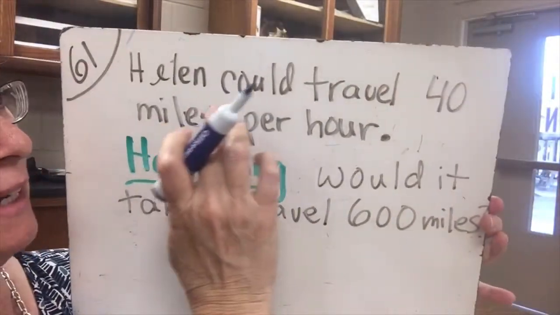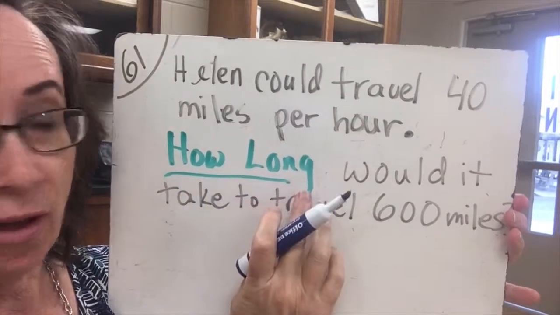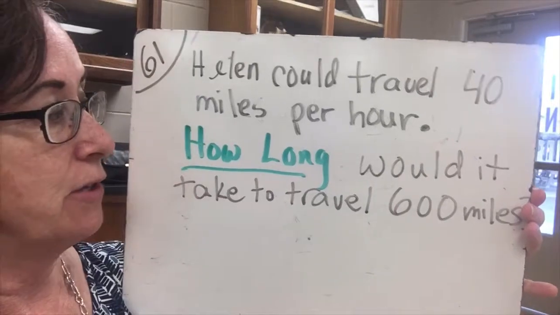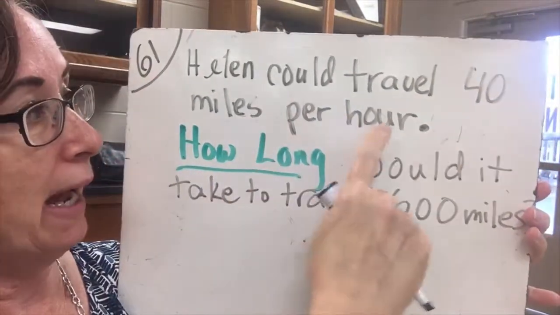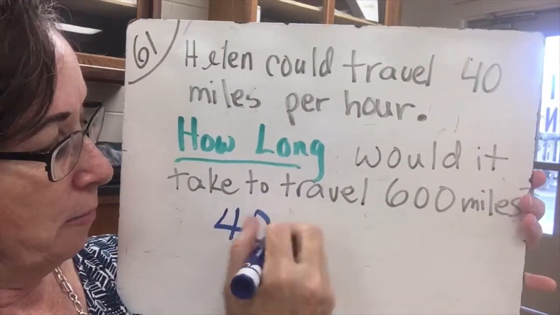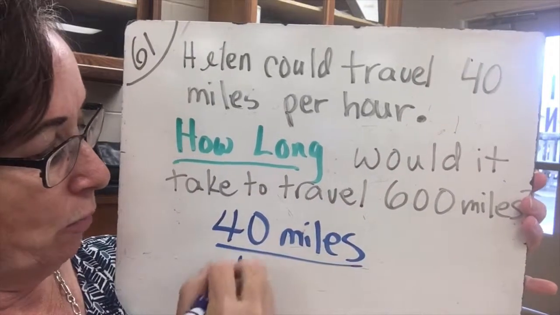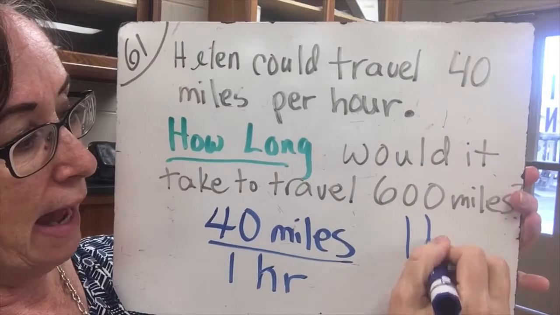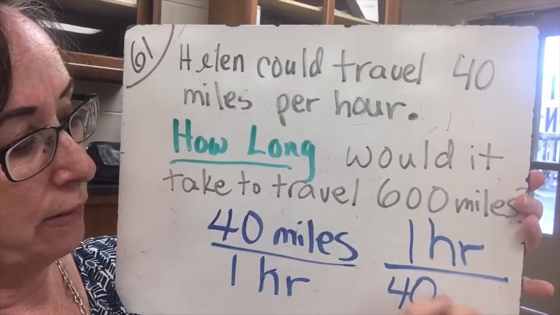Okay, so let's look at example 1. It says Helen could travel 40 miles per hour. How long would it take to travel 600 miles? So notice the question is how long. Now we could write 40 miles per 1 hour, or we could write it 1 hour per 40 miles.